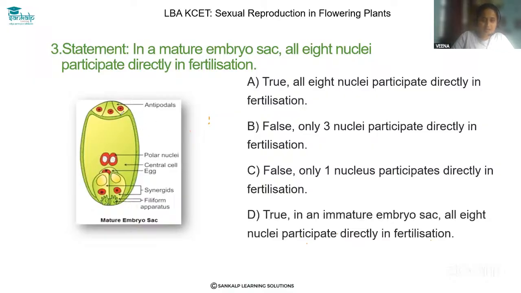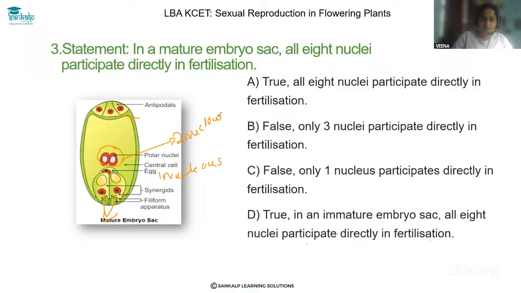Because these three are antipodals, these three are also nuclei, and here at the micropylar end there are two synergids, each containing one nucleus, and there is one egg cell also containing one nucleus, and in the middle there are polar nuclei containing two nuclei.